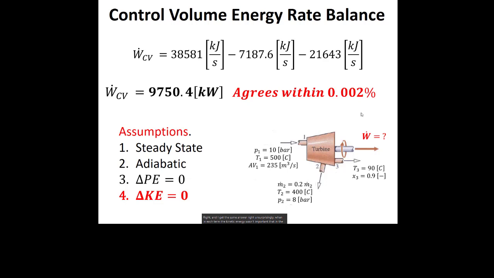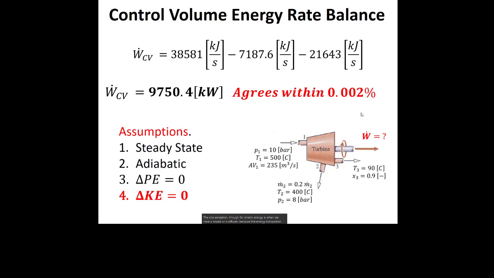So usually, for turbines and pumps, for heat exchangers, we usually neglect kinetic energy, and potential energy ends up being kind of the same thing, where it's not that important. The one exception, though, for kinetic energy is when we have a nozzle or a diffuser, because the energy transaction that it's doing is trading off enthalpy for kinetic energy.